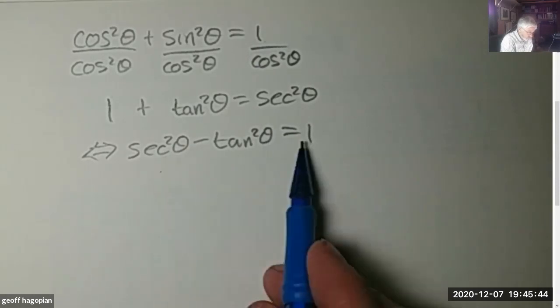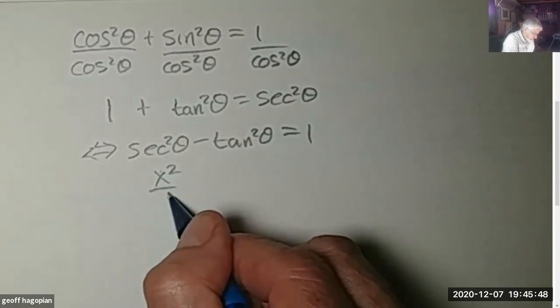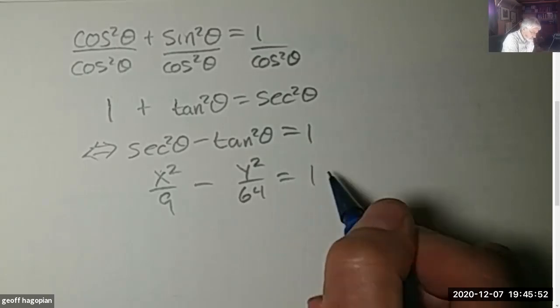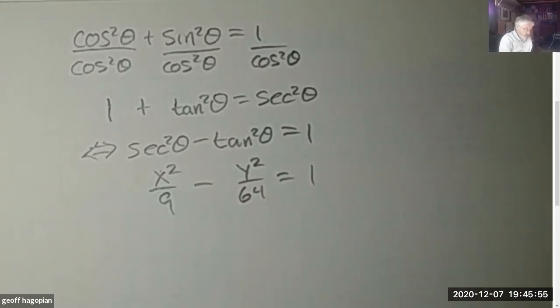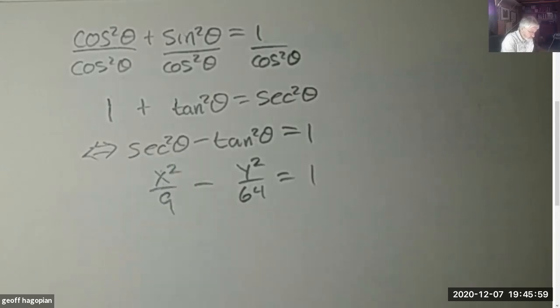And we can use this form of the Pythagorean identity to say, well, if this is x squared over 9, and this is y squared over 64 equals 1, then we can just match these things, right? We can say x squared over 9 is secant squared, and y squared over 64 is tangent squared.